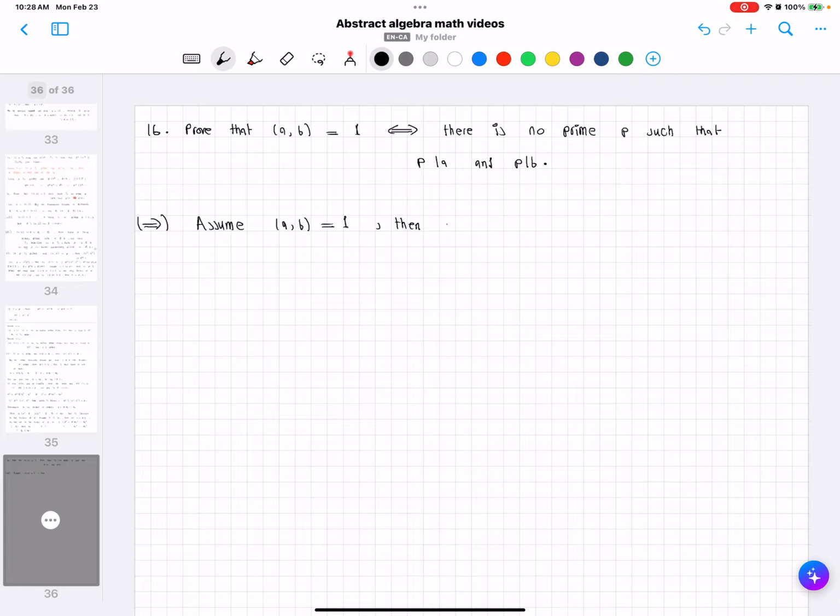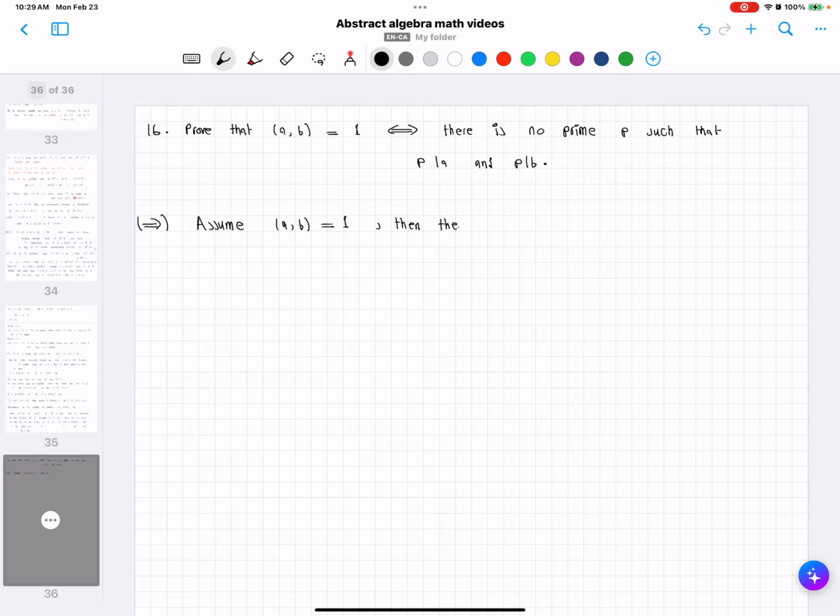So in particular, there is no prime which divides both A and B. As we can factor, if there is a prime that divides A and B, then that means that the GCD of A and B would have to be bigger than that particular prime by definition. Then that's a direct way to show the forward implication.